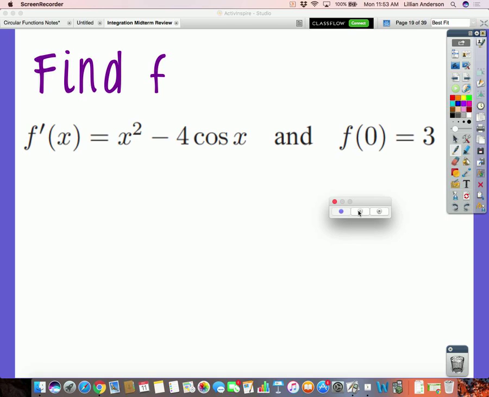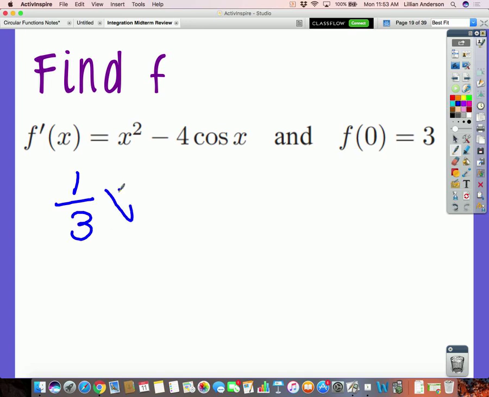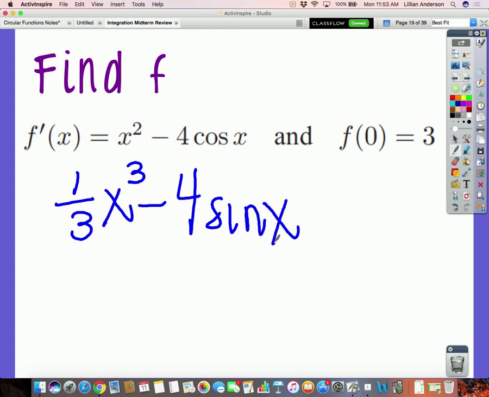What was the antiderivative prior to you finding c? 1/3 x cubed minus 4 sine x, and then you have your plus c. So then from there, you will plug in 0 for x, and then set it equal to 3. Well, the sine of 0 is what? 0. So then it would be 0 minus 0 plus c equals 3.